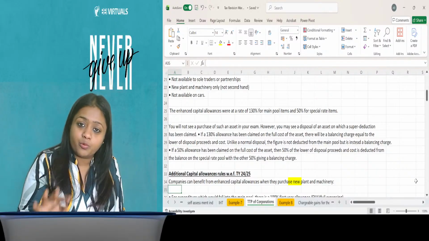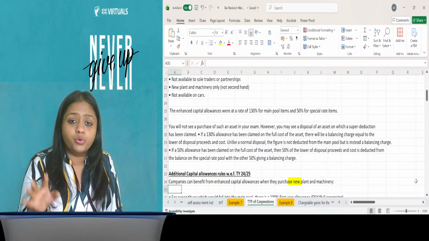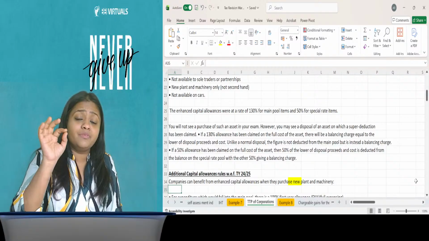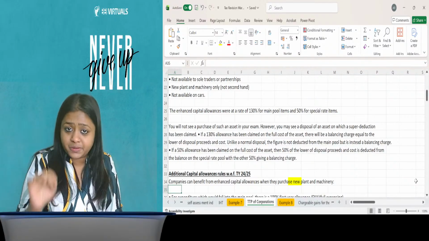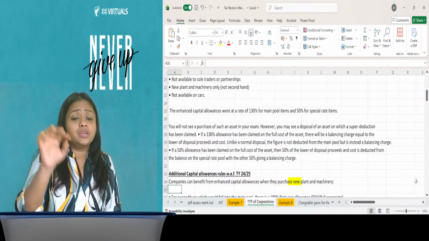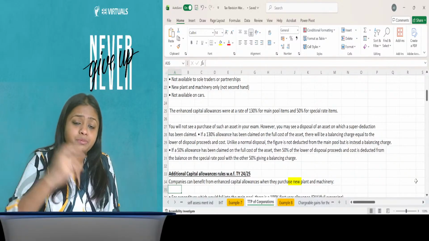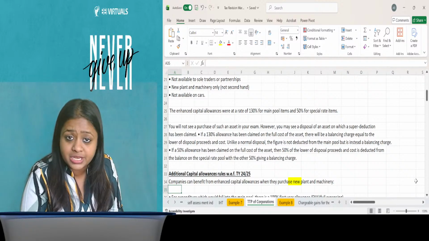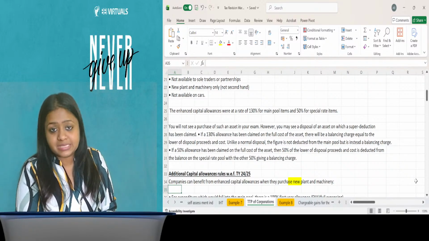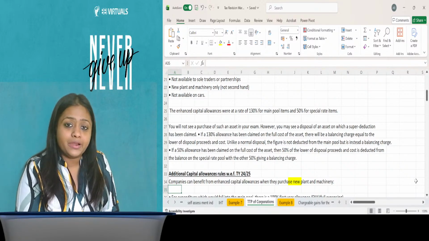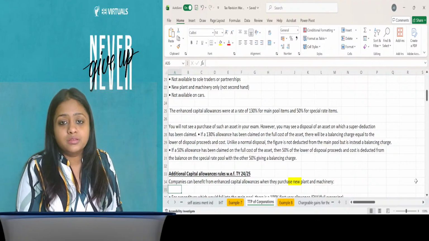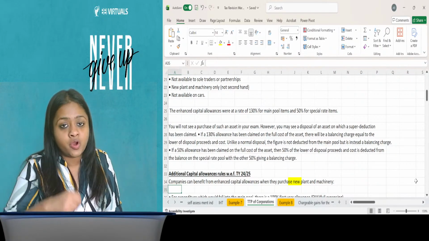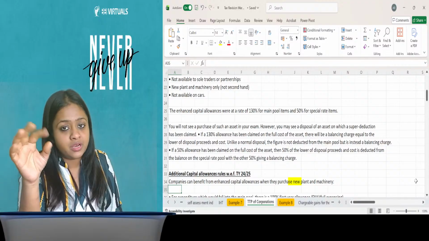So the treatment like we did here in the example, you will do it in the same way. So remember, when you have annual investment allowance, you will first adjust it against the special rate pool and then the remaining balance, if it is there for that plant and machinery that you have purchased, then you will give 50% FIA. And a new plant and machinery purchased for the main pool asset will enjoy 100% first year allowance.